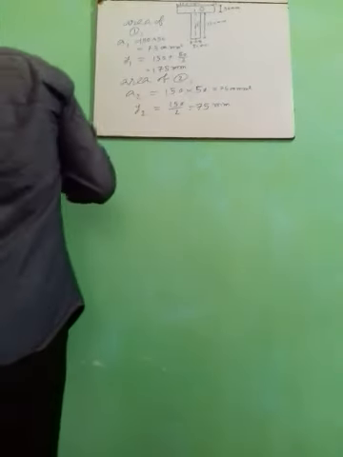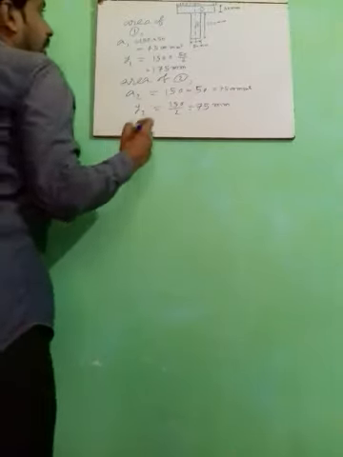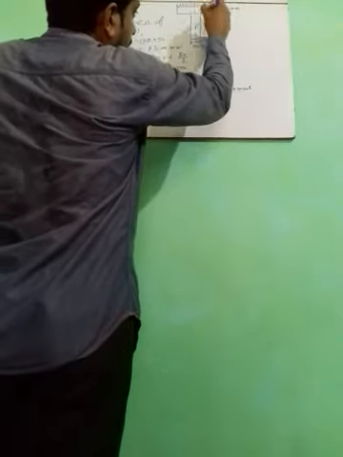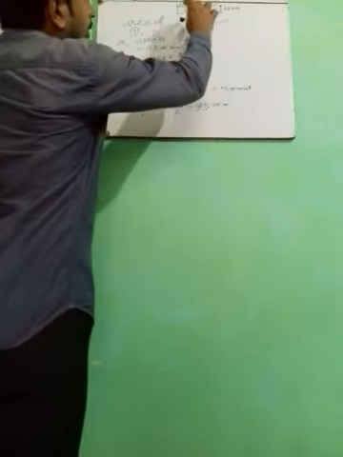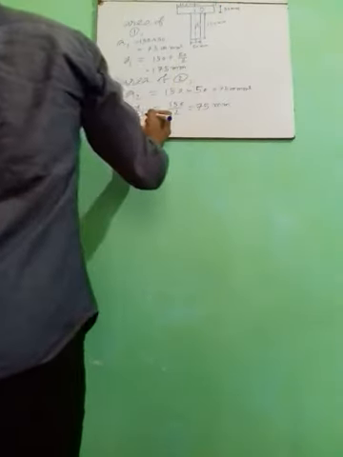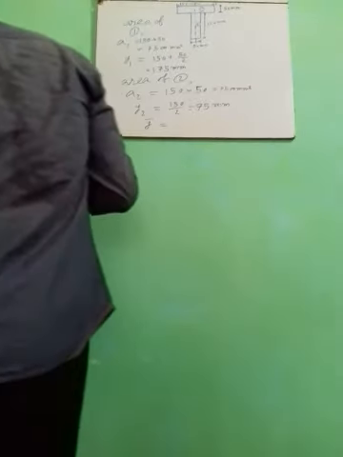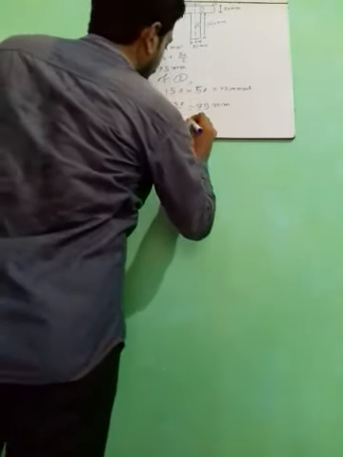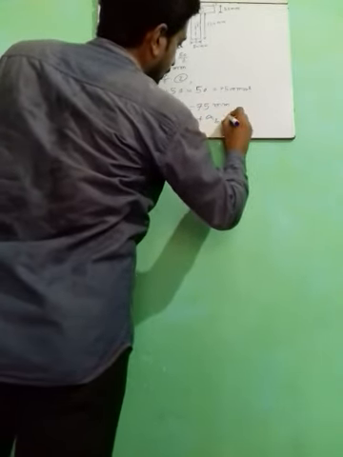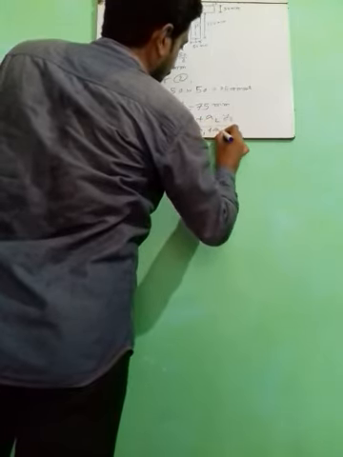Now we know that the distance between the center of gravity of the section and the bottom of the web, that is, the distance between the actual CG of the total figure and the bottom line, will be called y bar. This is the formula: y bar equals A1 y1 plus A2 y2 by A1 plus A2.